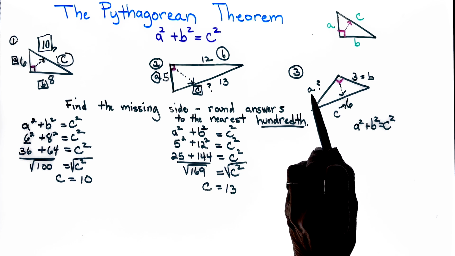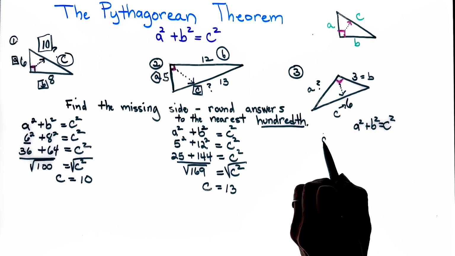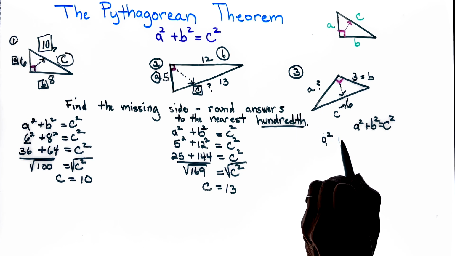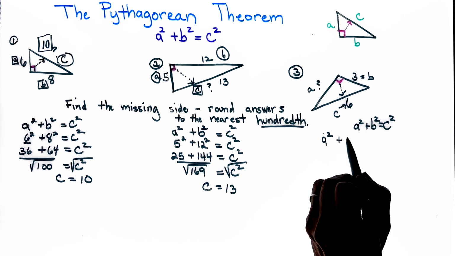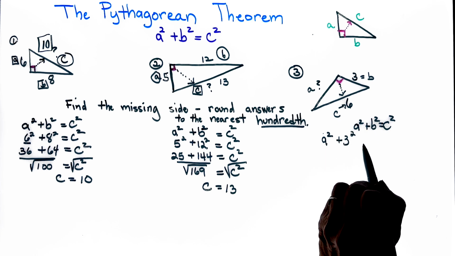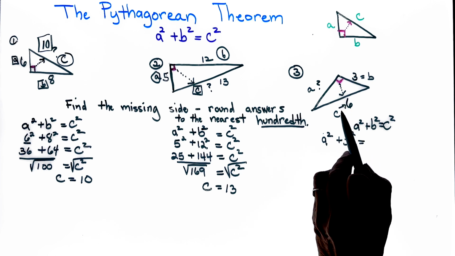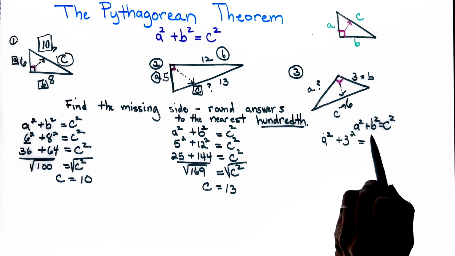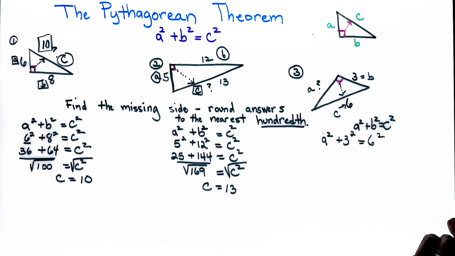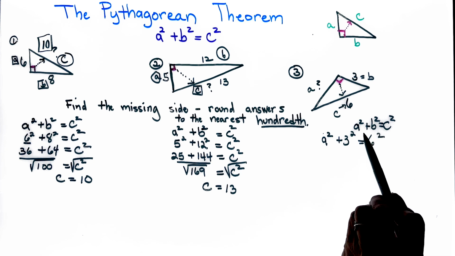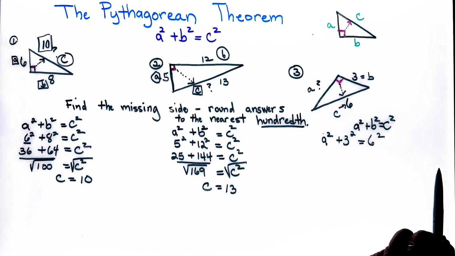We do not know A, so I am writing A squared plus B, which was 3, squared is equal to C, which was 6, so 6 squared, following our formula, A squared plus B squared equals C squared.